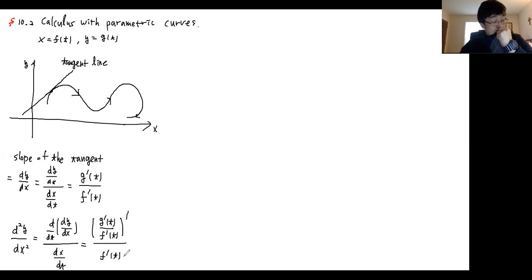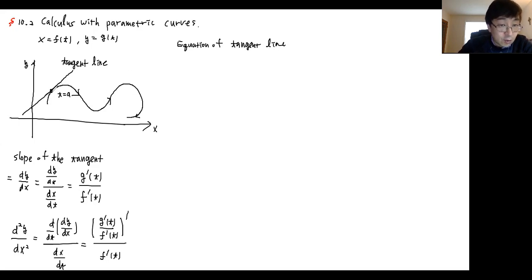One more: how can you find the equation of this tangent line? Think about the equation of a tangent line at this point, where t equals a given number a.